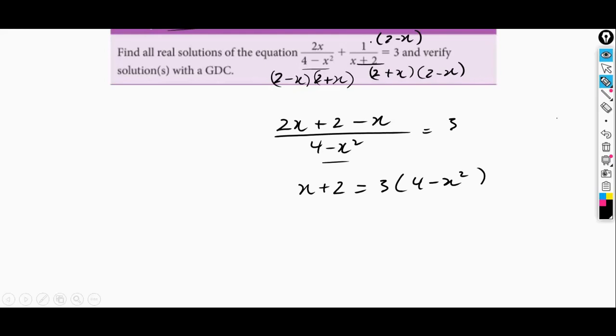Then we expand this and rearrange, and we're going to get 3x squared plus x minus 10 equals 0. Then we factor this, and it's going to be 3x minus 5 times x plus 2.